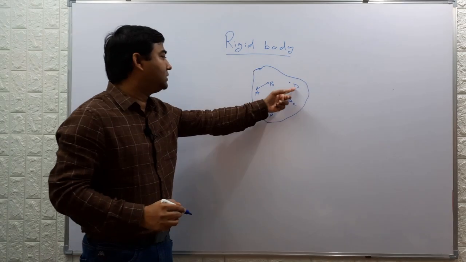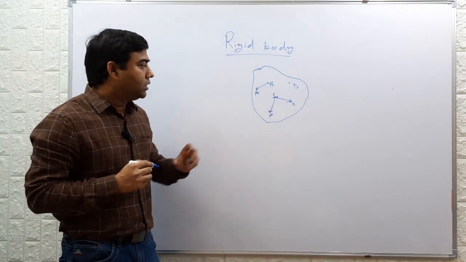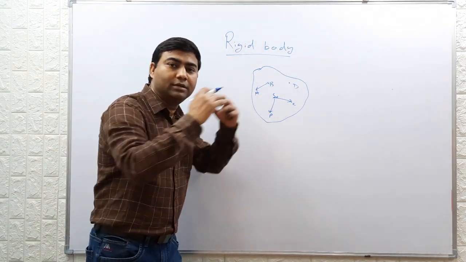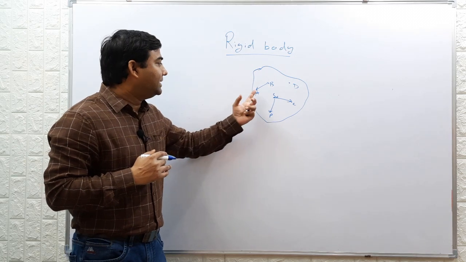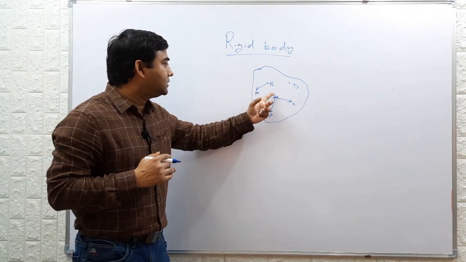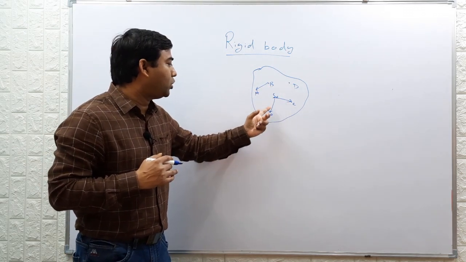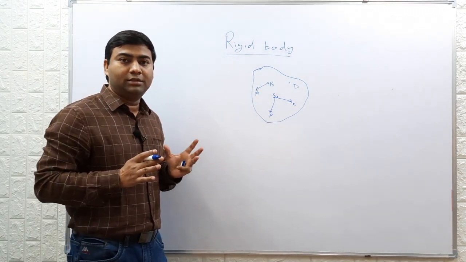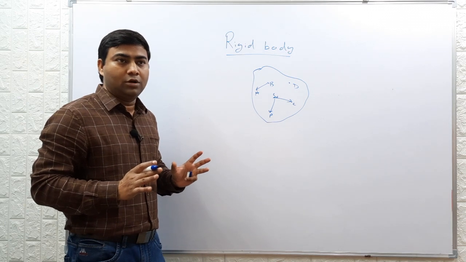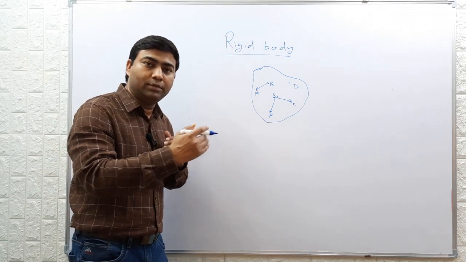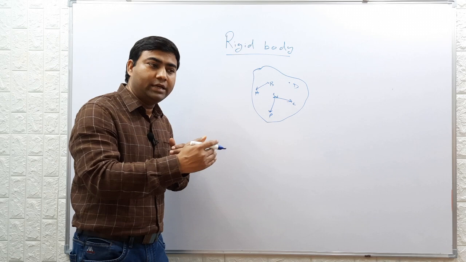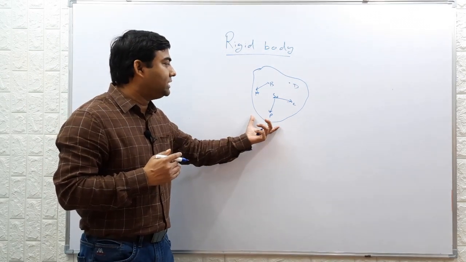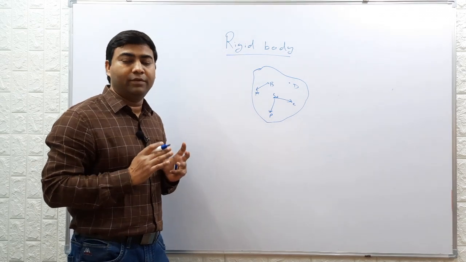Suppose these are points on this rigid body. When this body undergoes some forces or moves, the distance between these particles, these points on the body, will be unchanged. All the points on the body will maintain a constant distance. That means this body is not deformable.